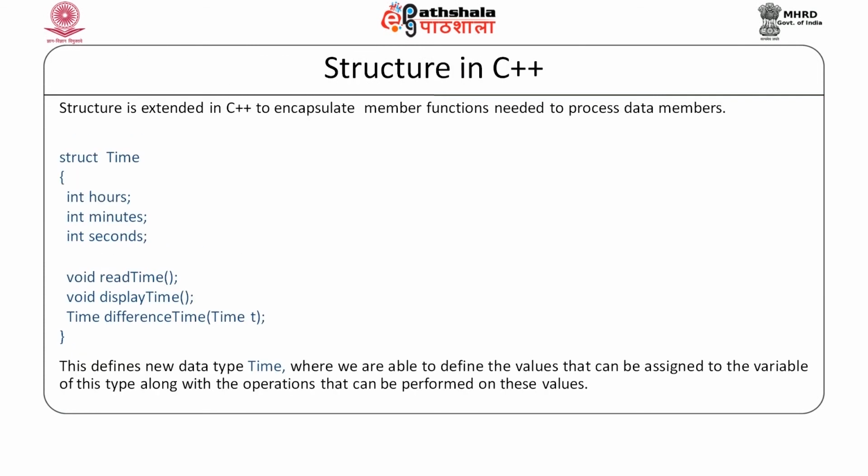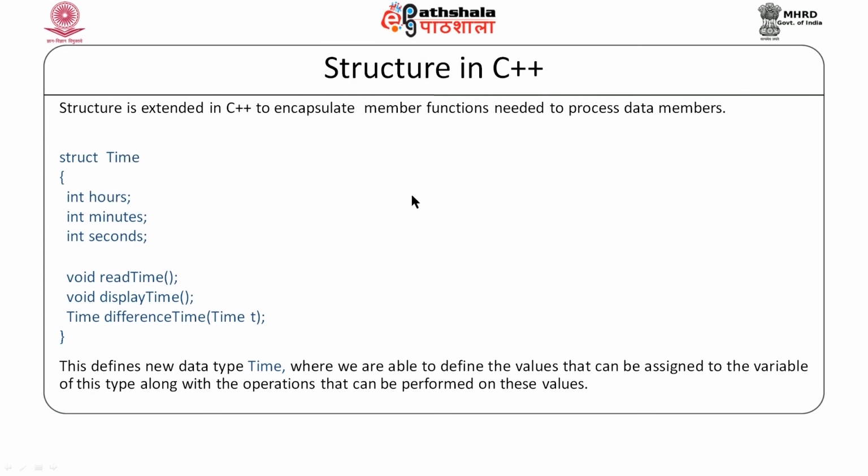The structure in C++ was extended, wherein apart from defining the data, we are also able to define the operations that we wish to perform on that data, and within these functions we can define the behavior of these operations. So, when we define a data type like this, we define the second aspect of a data type also, that is the operations that we wish to perform on the data. Keeping this in mind, the structure in C++ was defined.